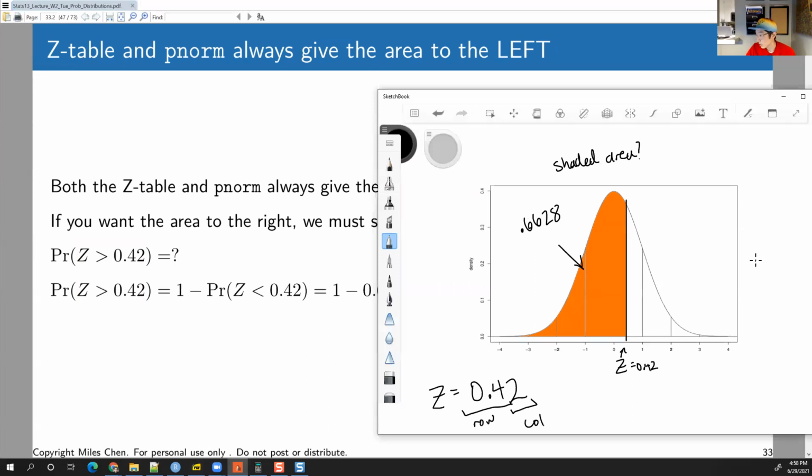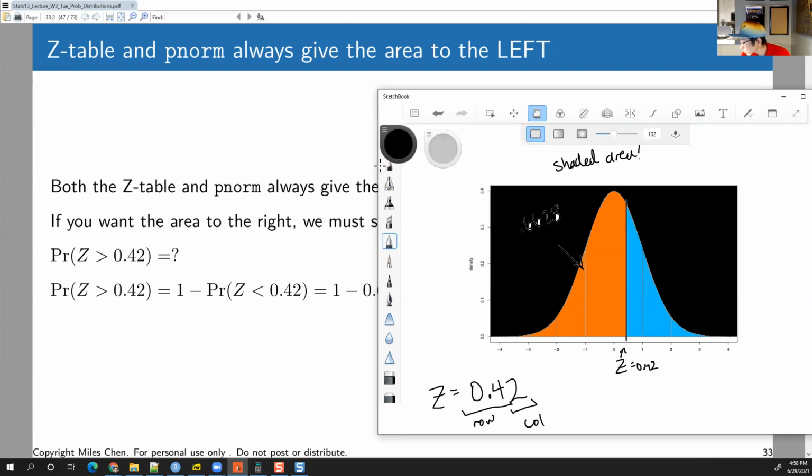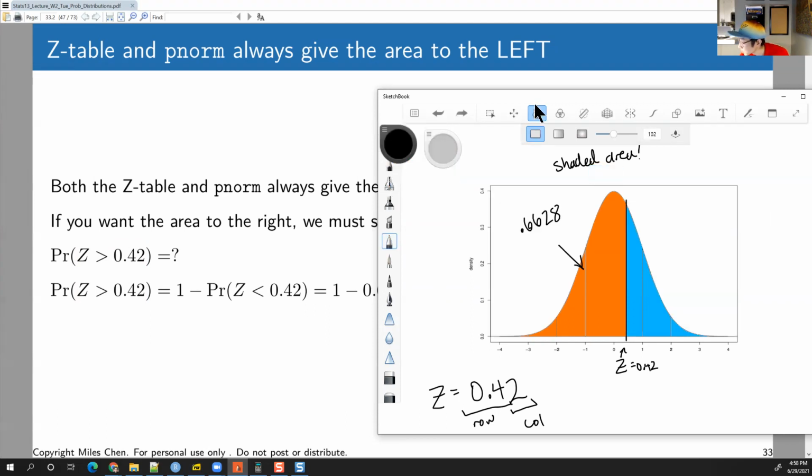If I took a different color here and shaded this side in blue, how much is over here? This area is going to be 1 minus 0.6628, and I get 0.3372.